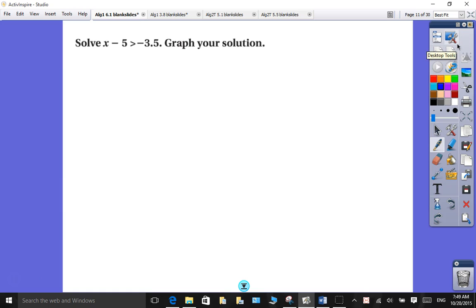So here's a problem that we have to solve. Solve means isolate the variable on one side of the inequality. What is with the variable that's making it not isolated at this point? The minus 5, right? So how do you cancel a minus 5? You add 5.